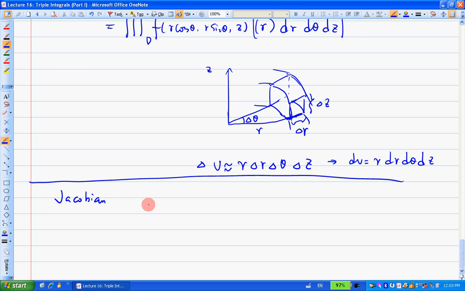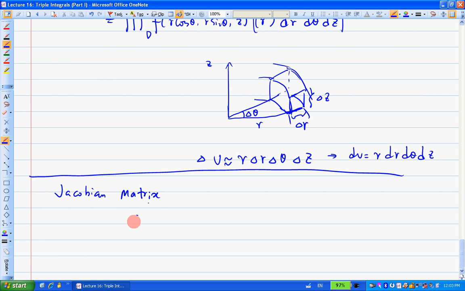So basically, we're talking about the Jacobian matrix here. We have x equal to r cosine theta, y equal to r sine theta, and z equal to z. You consider these three things as three functions, each a function of r, theta, z.